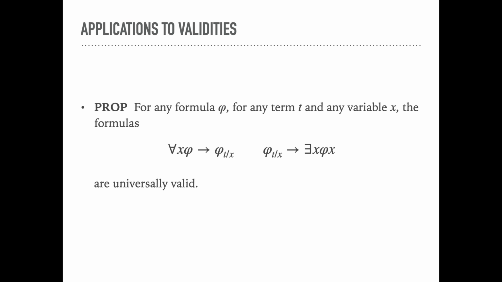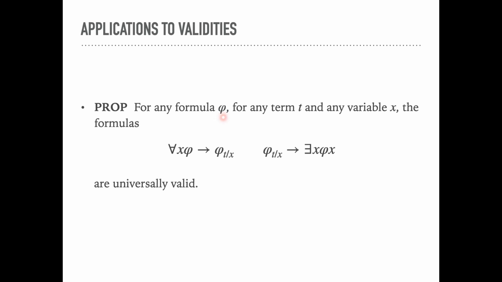As a first application of substitution, we return to validities. So taking up that example from the very beginning, namely that if for a formula, for all x phi holds, then it should be true that phi holds with whatever you plug in for x.